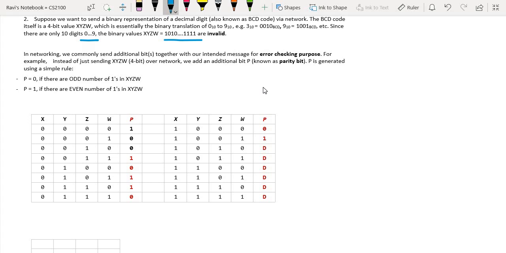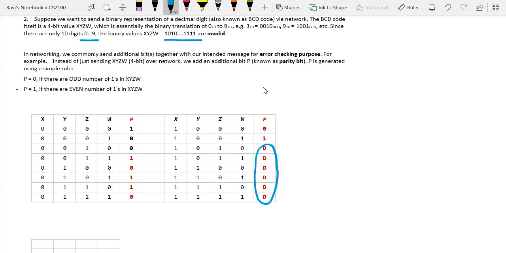Since they are invalid, we can put a don't care as the output for these input combinations. In a logic system, when we say that these inputs are don't care, we can assume that either these inputs will never occur, or even if they do occur, we don't need to care about them, because they are invalid. So that is why we don't need to worry about them being part of the input at all.